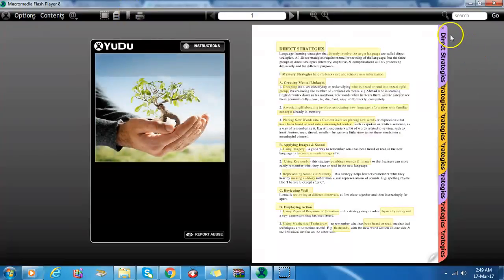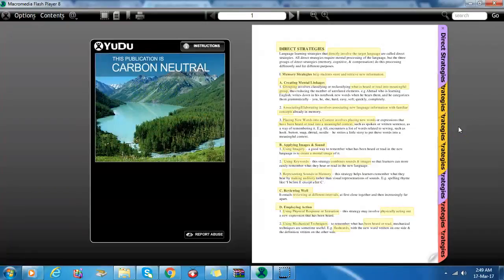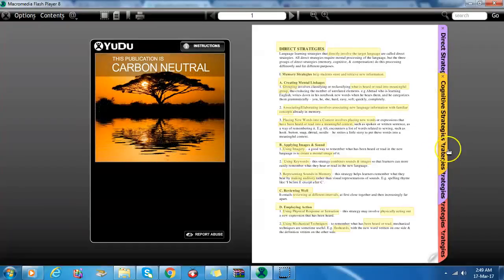On my right hand side, you can see colorful bookmarks which I have already done for my learning process. I've also colored it according to the strategies. As you know, Oxford has divided the strategy into two, which is direct strategies and also indirect strategies. Below respective strategies, there are three other sub strategies.